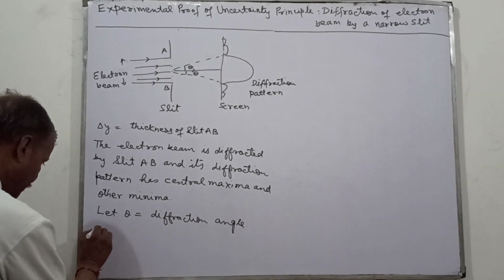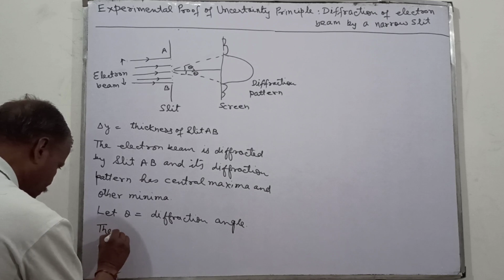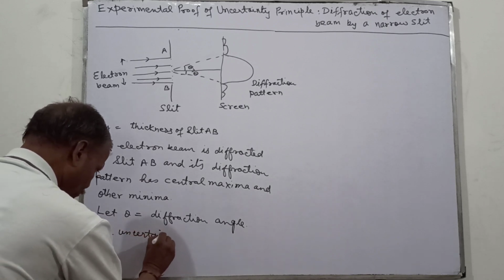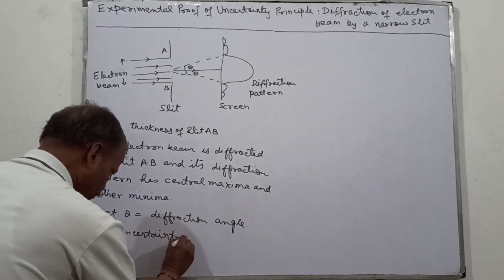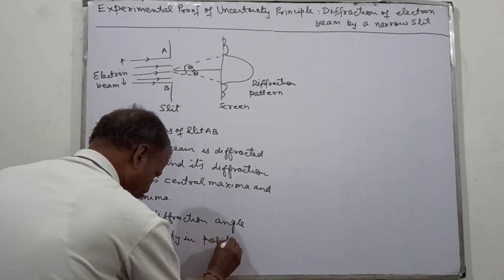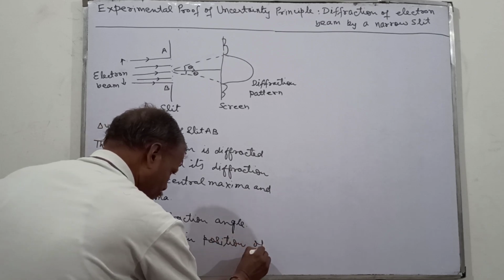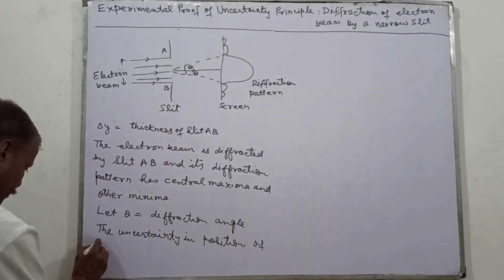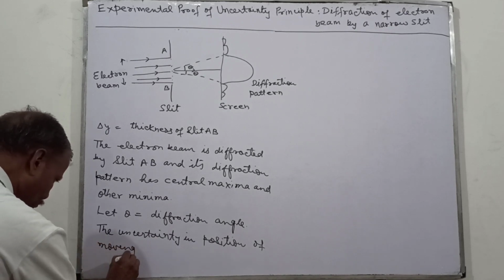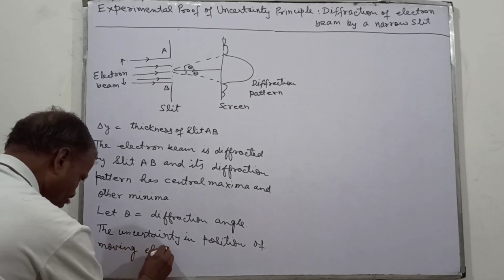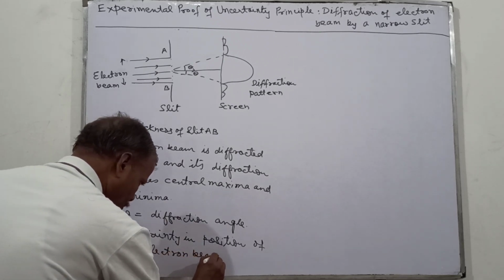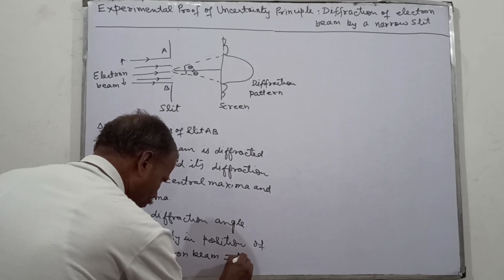The uncertainty in position of electron beam is equal to delta y.